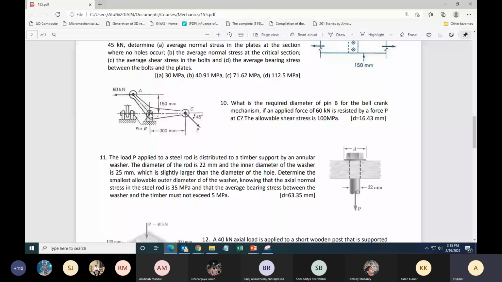Pi r squared is equal to 300 root 2. Keep in mind that this is double pin, okay? Account for that also.